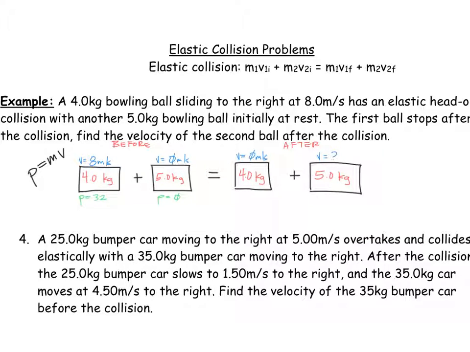Now, the total momentum before the collision is as simple as taking my 32 and adding 0. The momentum of the 4 kilogram ball in addition to the momentum of the 5 kilogram ball is 32. 32 plus 0 is 32.